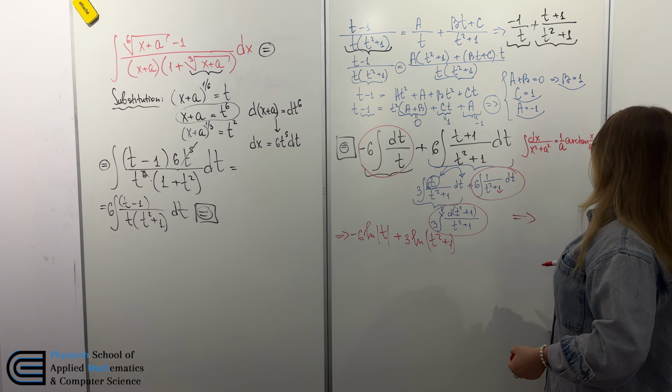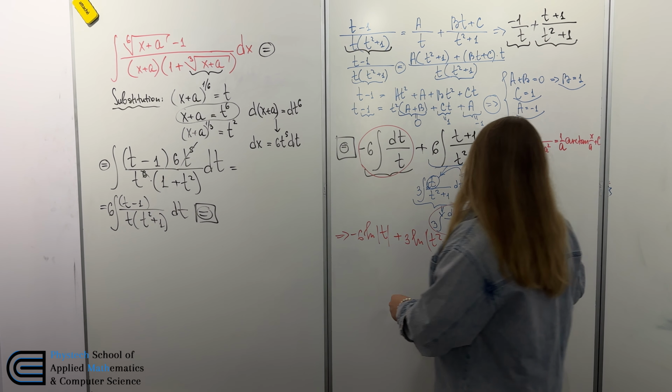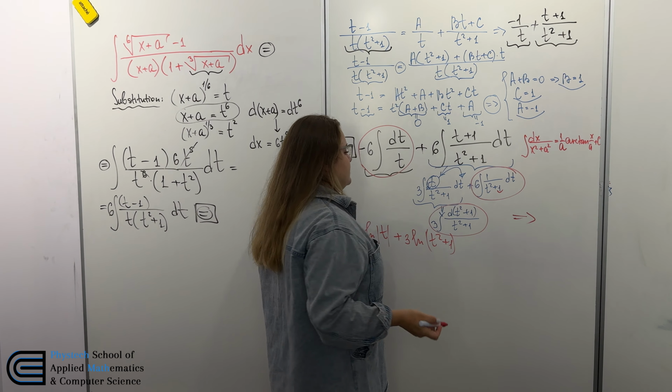A here is 1, and x is t. So we have plus 6, then 1 divided by a, 1 divided by 1, equals 1, then arctangent of x divided by a, here will be t divided by 1, plus constant.